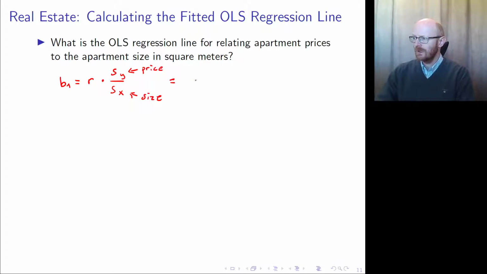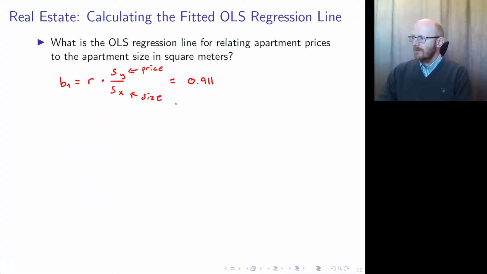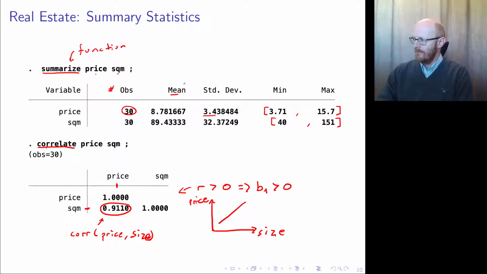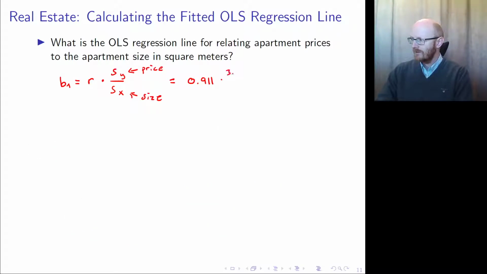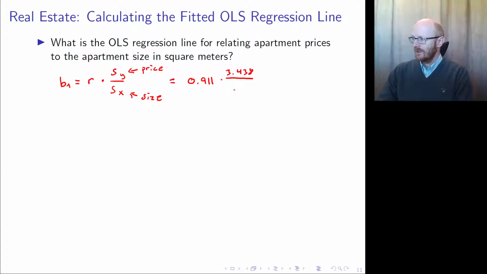So if we just plug in the numbers, we remember that the correlation was 0.911. We found that from here. Then we need the sample standard deviation for price, which is here 3.438, divided by the standard deviation for size, and that would be 32.37.